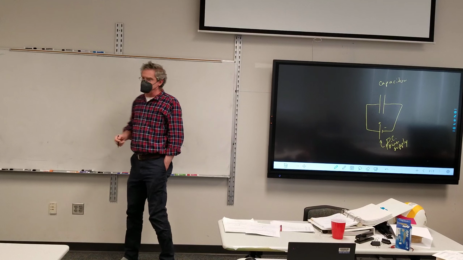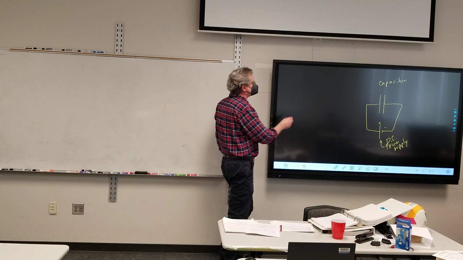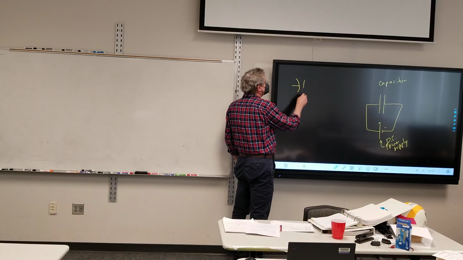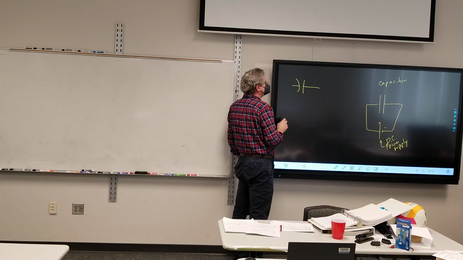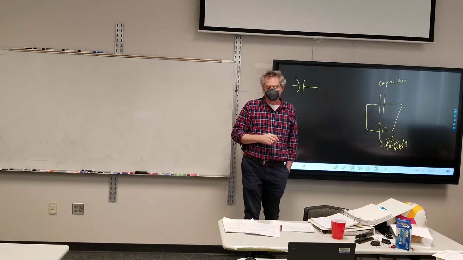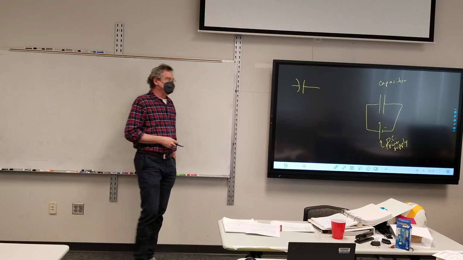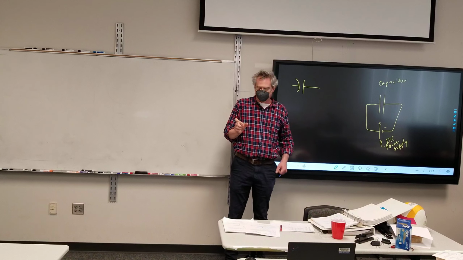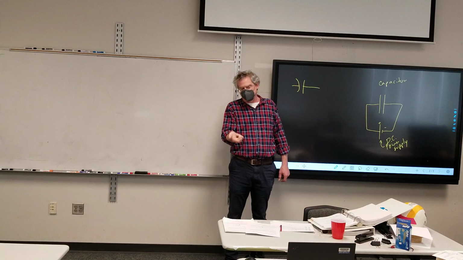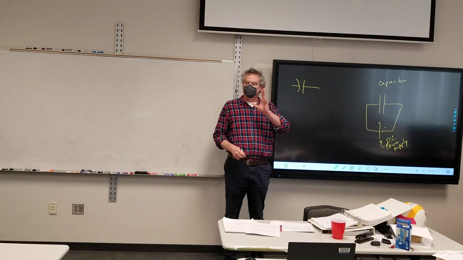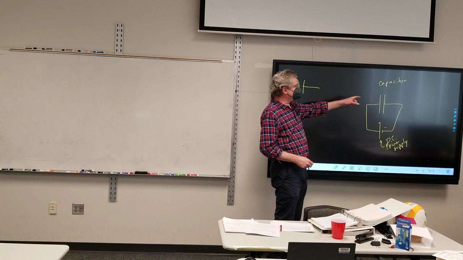Now, if you look at the flash exercises, they have other symbols. This one is a polarized capacitor. We're not worried about polarized capacitors. For a polarized capacitor, it matters which way you put it into the circuit. I don't care. We're just dealing with simple capacitors.